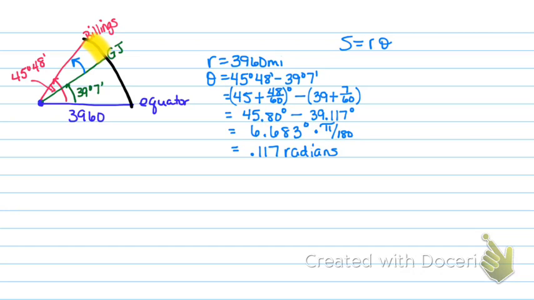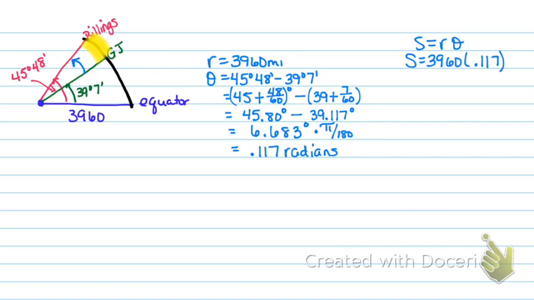All right, so now we have what we need. We know S is equal to the radius times our angle. So our arc length is equal to 3,960 times that 0.117. Now, I don't have my graphing calculator with me right now, so I'm having to use a regular one.